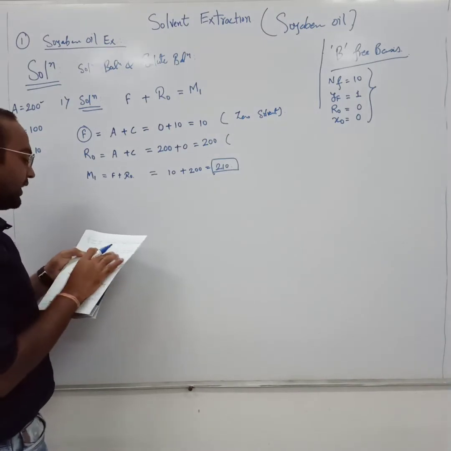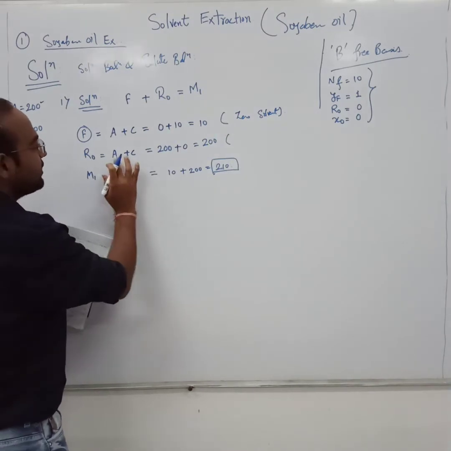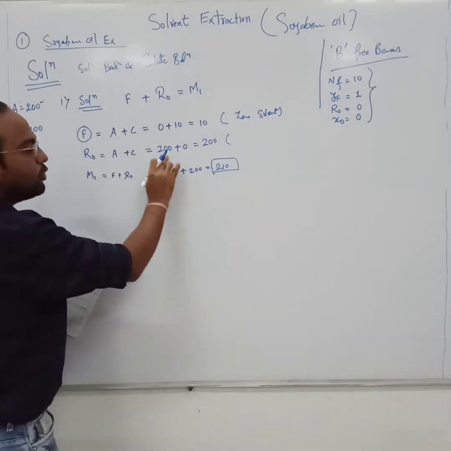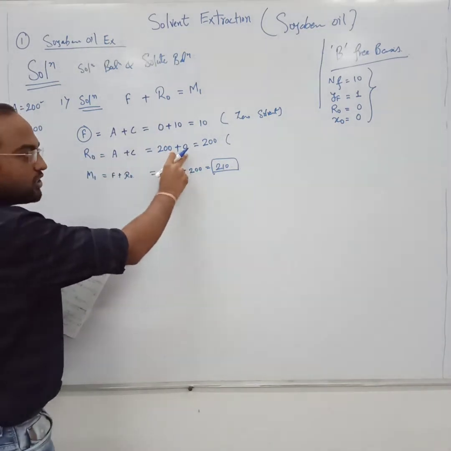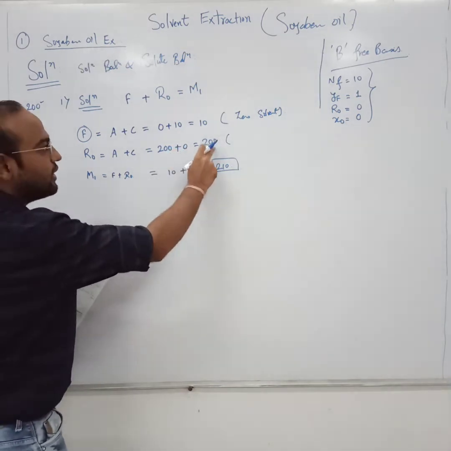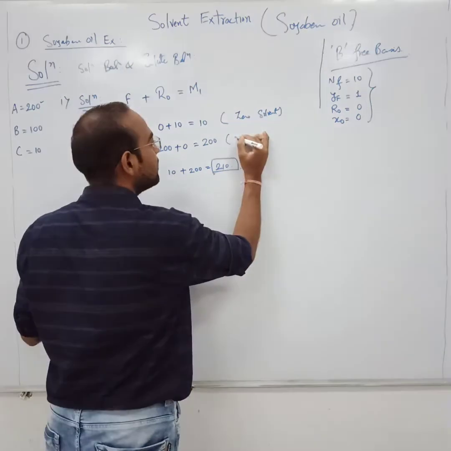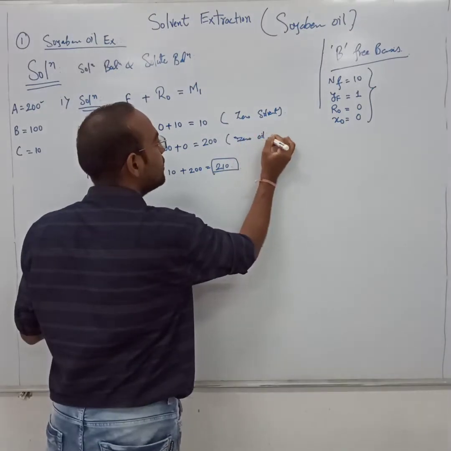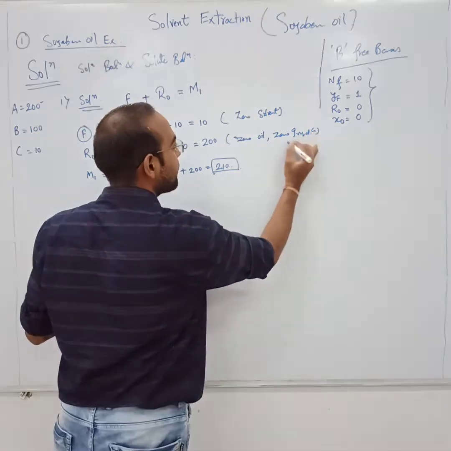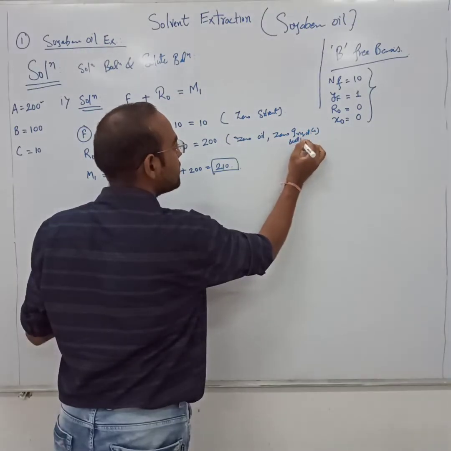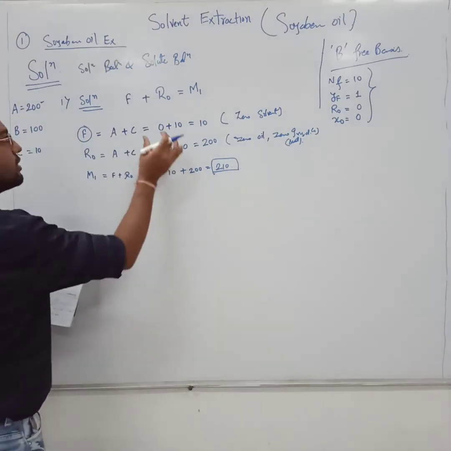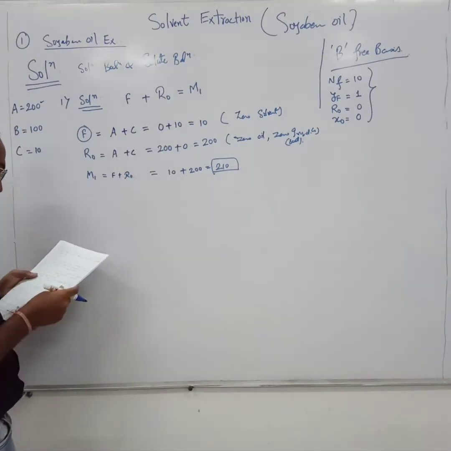Next, we are getting solvent plus oil, so the solvent is completely 200 grams, but our solvent is fresh, so there is 0 oil present. So here 0 oil plus 0 insoluble matter, meaning there is nothing from the seed. Okay, and the mixture of feed plus solvent is 210.